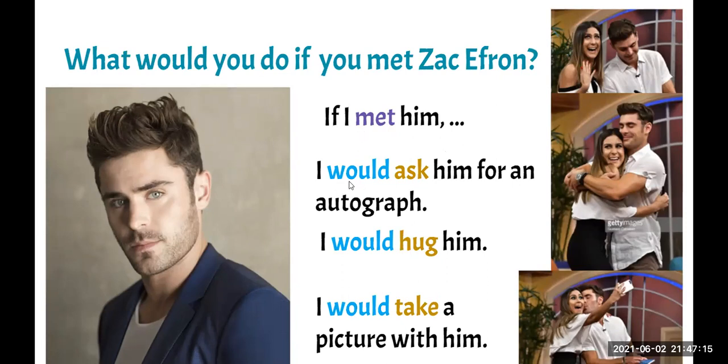And here, what do we have here? It's not future, it's would plus a verb in the base form, right? Very good. So this is the structure that we use when we talk about unreal situations in the present or in the future.